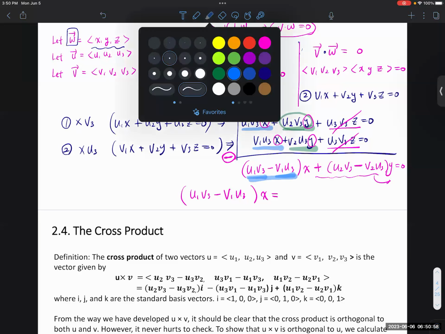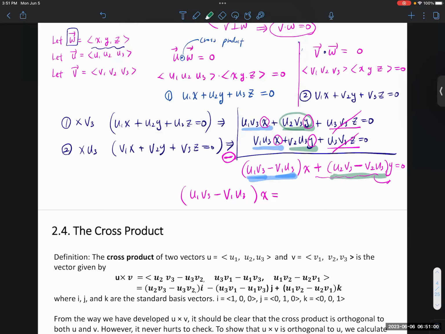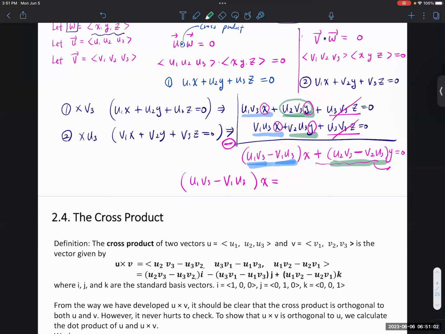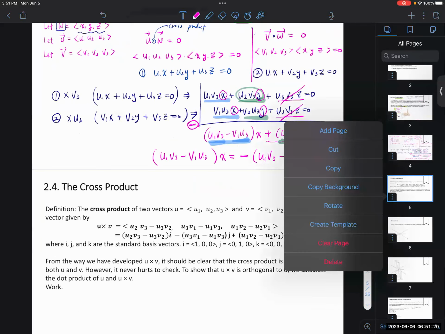Minus x combining like terms, and then this minus combining like terms. So I'm moving the green one to the right side anyway. If I move to the other side, plus changes to minus, so minus U2 V3 plus V2 U3 times Y, they're going to be equal to each other. Are you following so far?